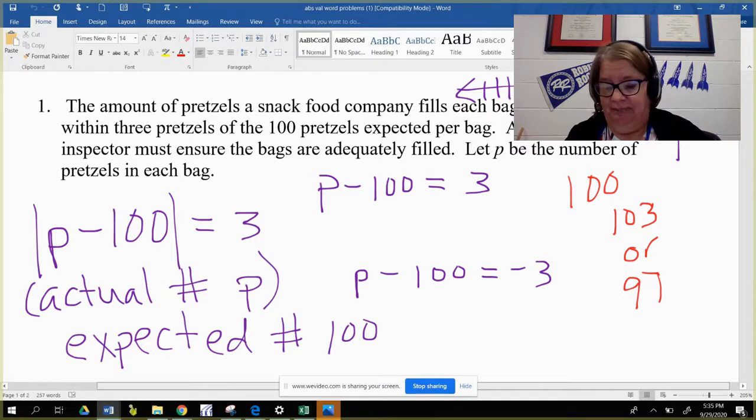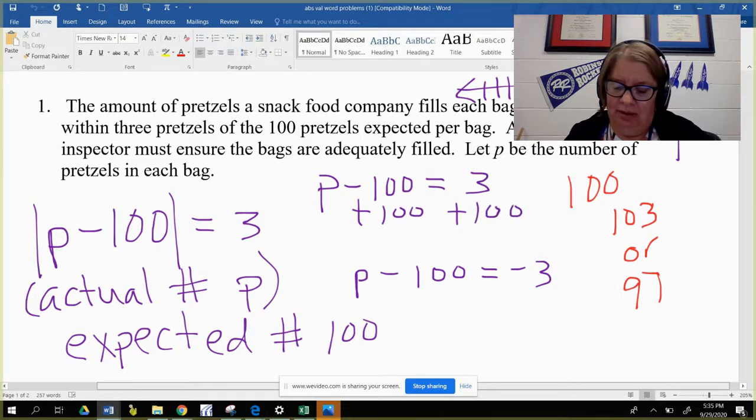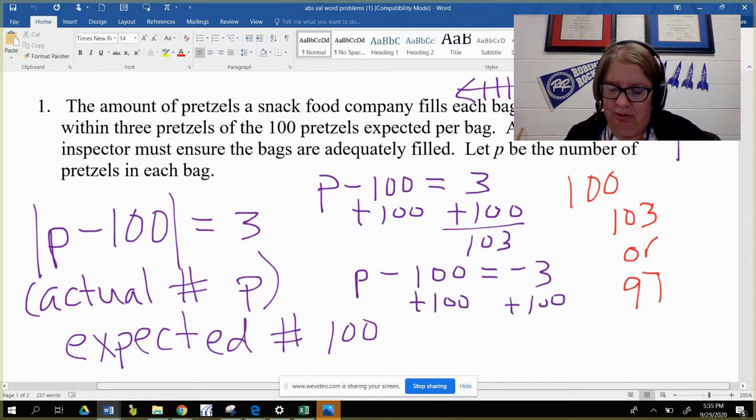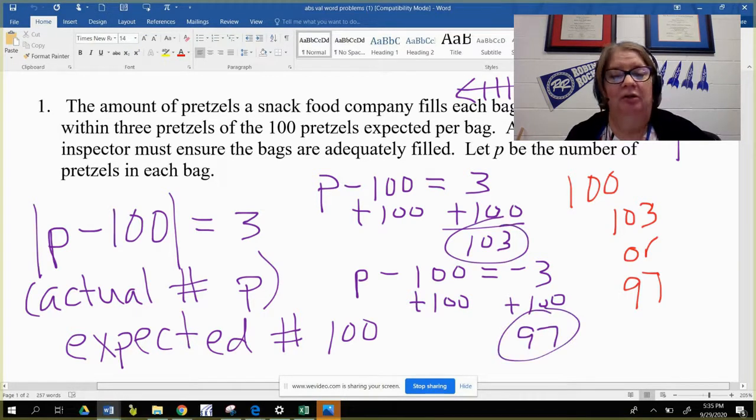That's your negative 3. So we've got to solve both of those. So what do we do here? Add 100, right? And you get 103. If you add 100 to this one, you get 97. So there are your two numbers, your 97 and your 103.